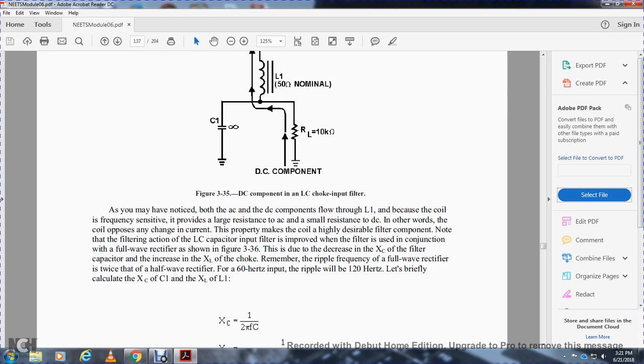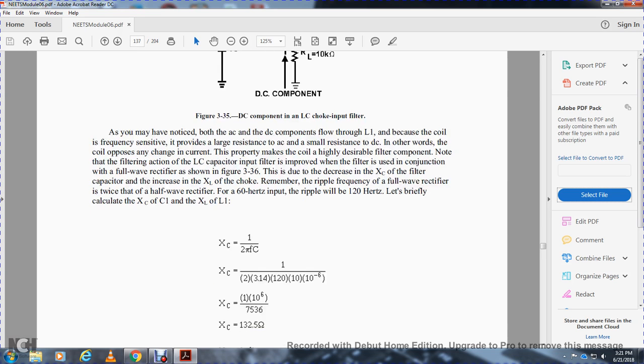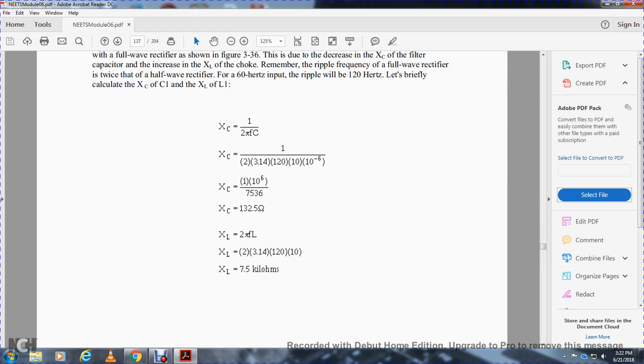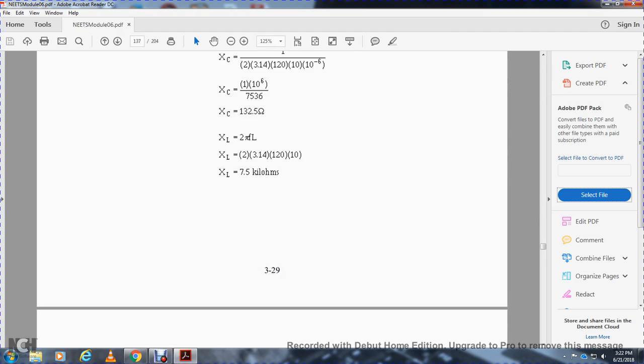Briefly, the capacitive reactance of C1 would be 1 over 2 pi times the frequency times the capacitance, which would be 132.5 ohms. Then your load would be 7.5 kiloohms.